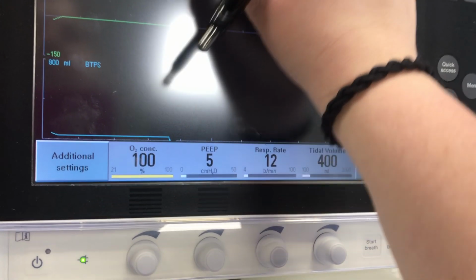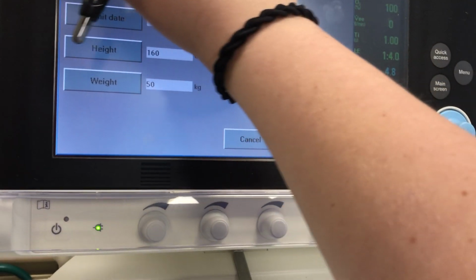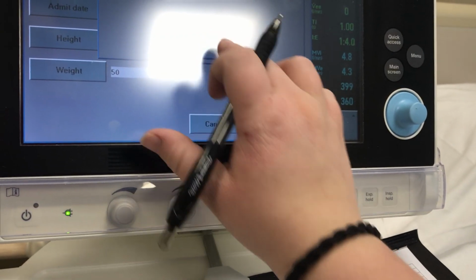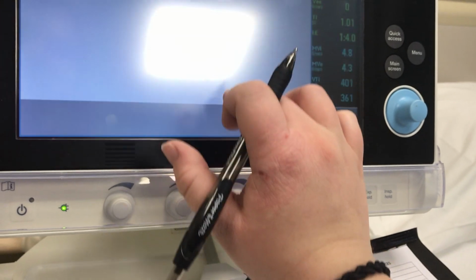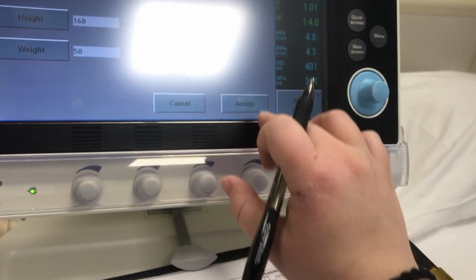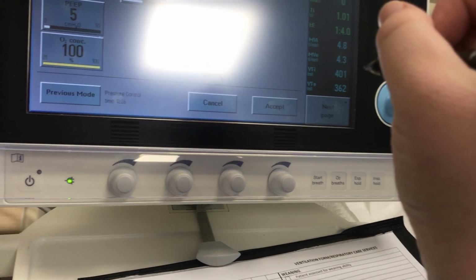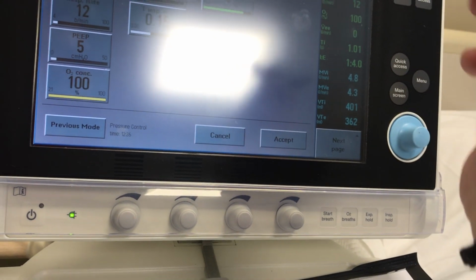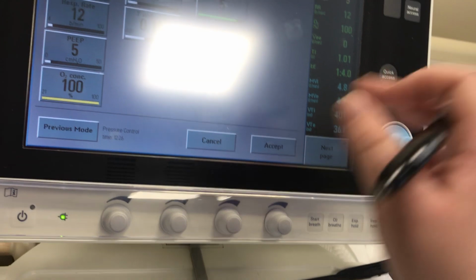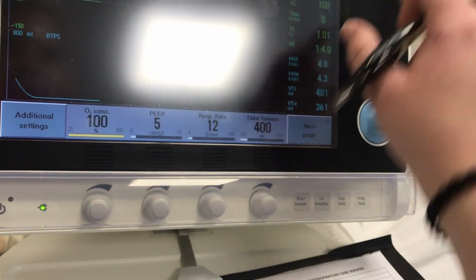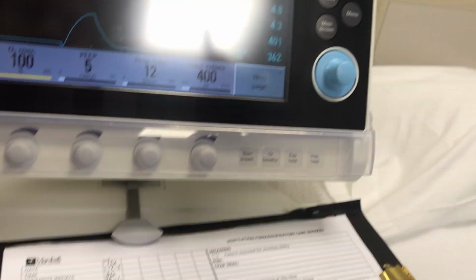I could add the patient if I wanted to. Oops. Cancel. I would check, of course, my limits too.